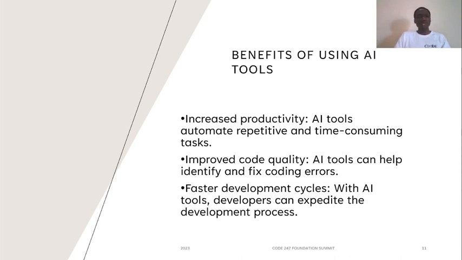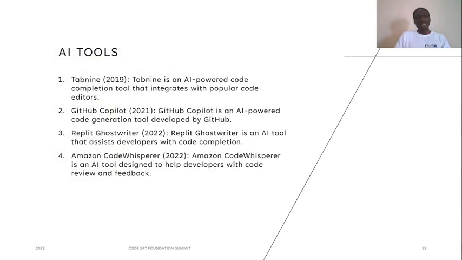So let's see a few of the tools we have in the market. We know ChatGPT, which we'll be talking about today, but there are other tools that are even more specific to coding, and their use cases are primarily for developers. One of those tools is called Tab9. Tab9 is an AI-powered code completion tool that integrates with popular code editors.